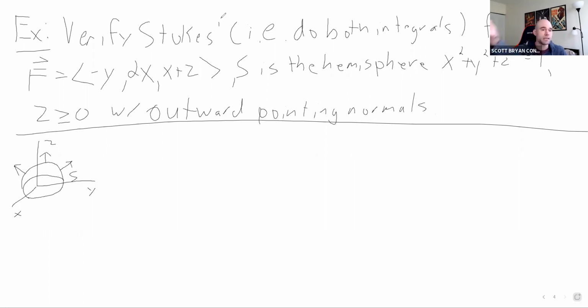So the boundary is going to be the circle in the XY plane. Okay, so we can use the right-hand rule here.